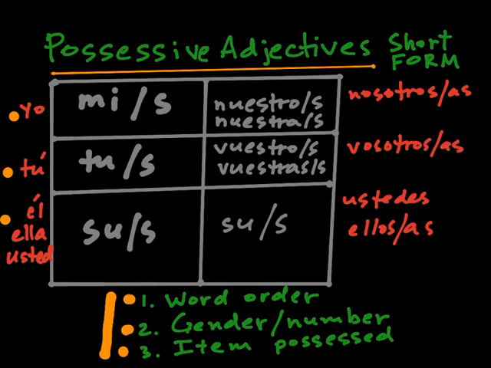Nuestro, nuestra, nuestros, nuestras, our, and it will be according to the number and the gender of the item. Vuestro, vuestra, vuestros, vuestras, that is used only in Spain, it is you plural. And finally you have ustedes and ellos, you plural and they, and it will be su and sus according to the number of the item possessed. Okay? So this is the short form.